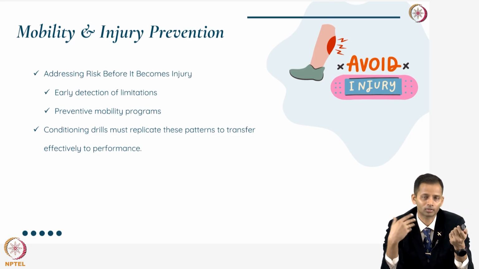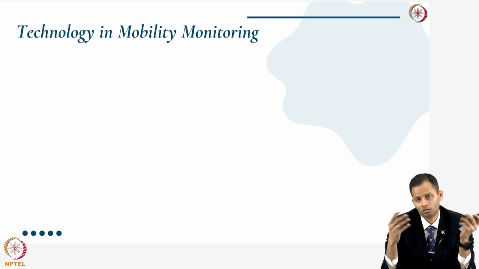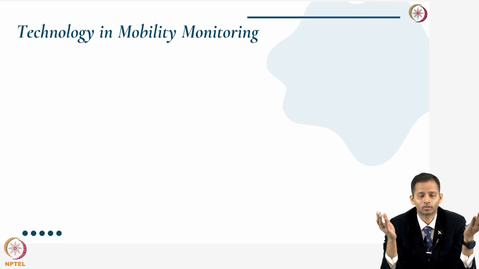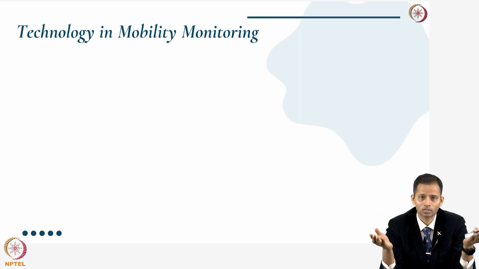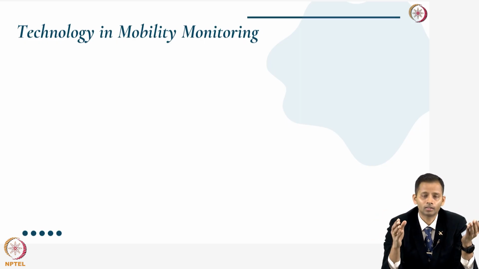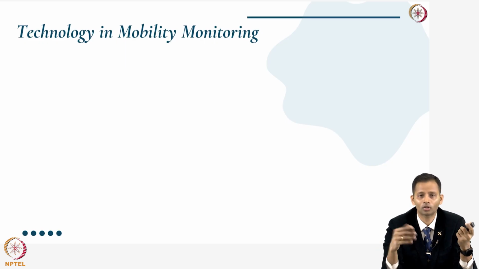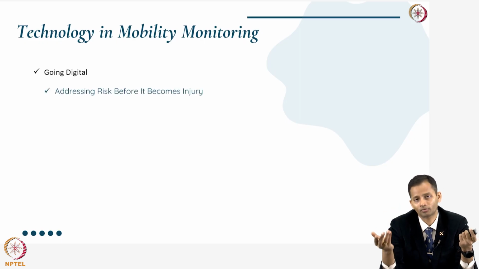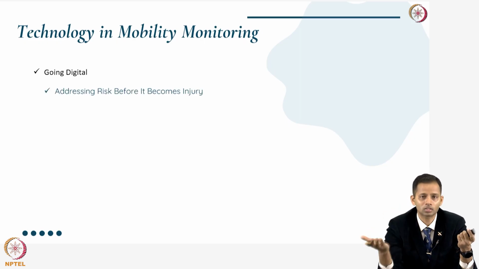Properly curated and selected exercises for general warm up and specific warm up as per the sport can also prevent injury. With the advent of the fast booming technology sector, it is going to complement your monitoring aspect in terms of mobility. So you can use digital goniometers, digital equipment and technological tools to objectively measure it.